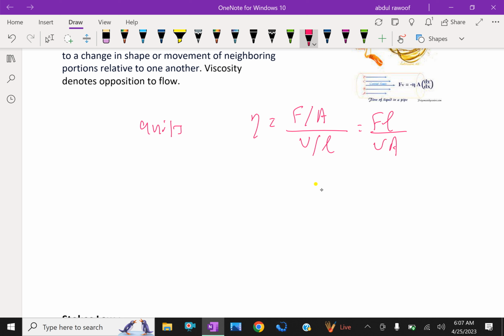The unit is poiseuille, which is Newton second per meter square or Pascal second.